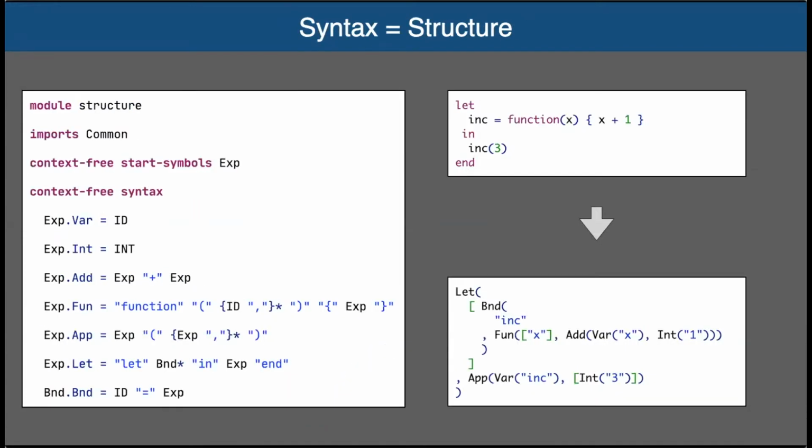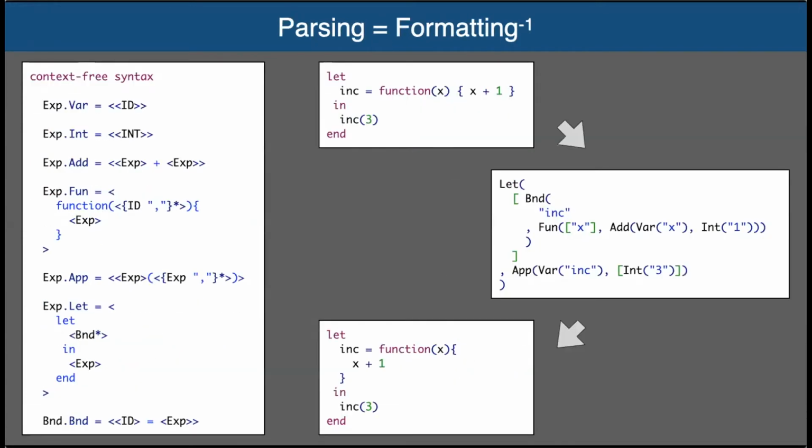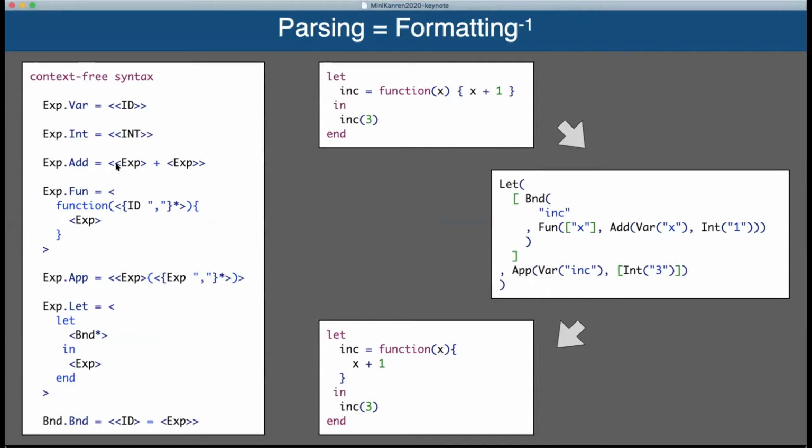And then you get all kinds of tools. For example, formatting. So here I've slightly changed the rules into so-called template rules. So here I'm quoting the body of the production, and so everything that is within these quotes is literal text, except if you use an anti-quotation, right? So you have an anti-quotation for exp. So that says here we're going to use an exp non-terminal.